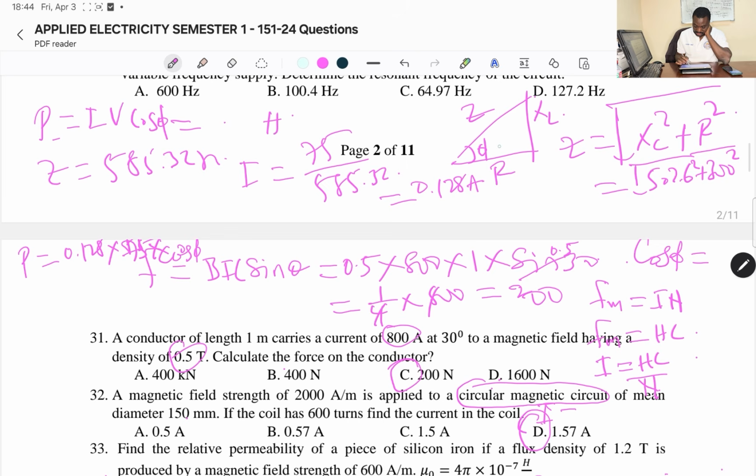If you look here, cos will be R over Z. So the resistance, which is 300, over Z, which is 585.32 ohms. So if you divide this, what do I get?